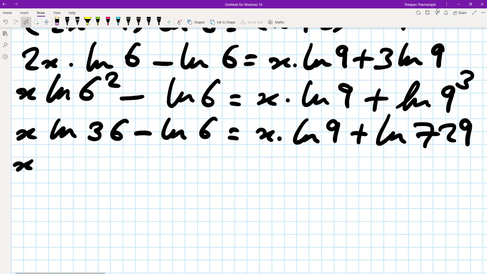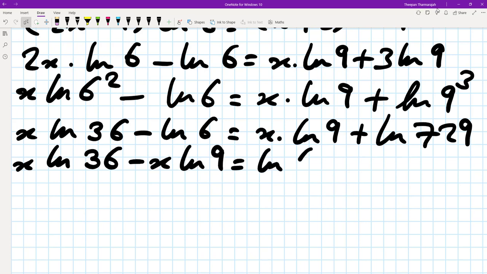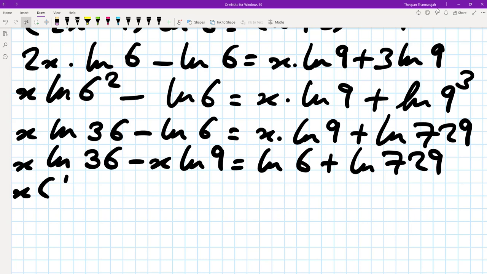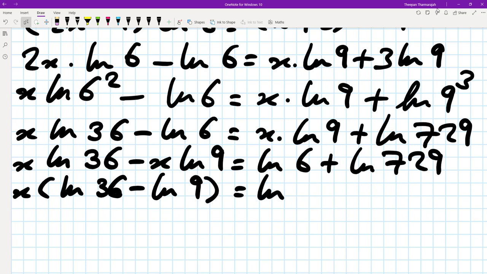So I get x ln 36 minus x ln 9 equals ln 6 plus ln 729. So I can factorize the x out to give me x times ln 36 minus ln 9 equals ln of 6 times 729.